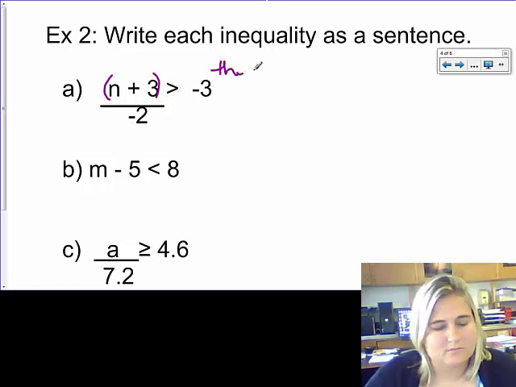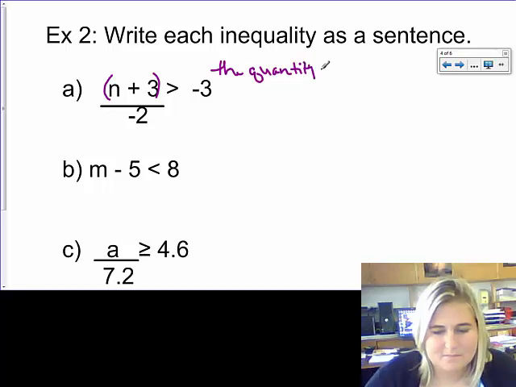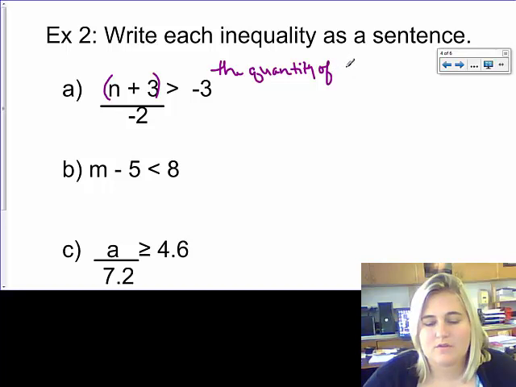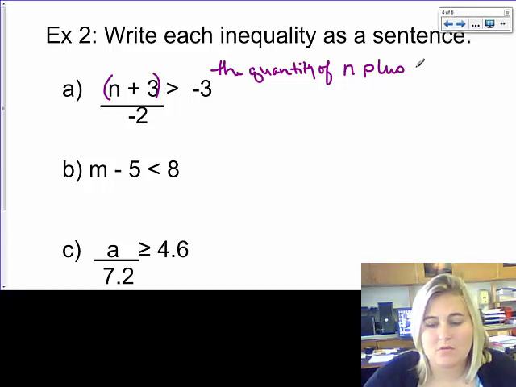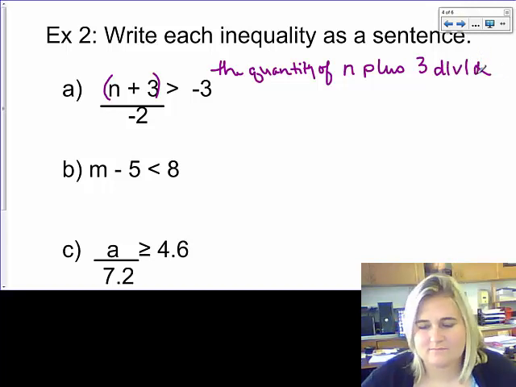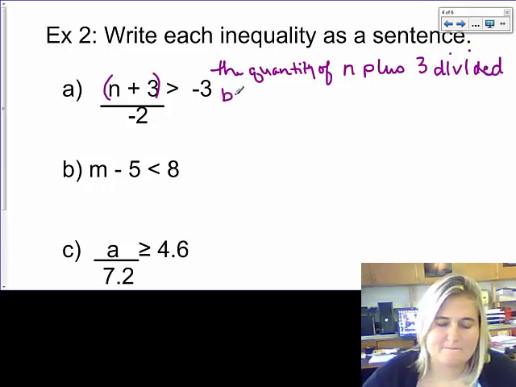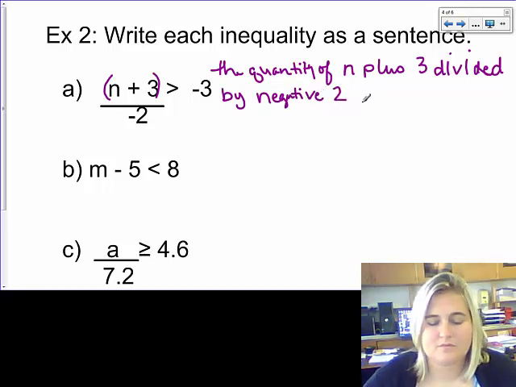If my pen will work. The quantity of n plus 3, or a number plus 3, divided by -2 is, what is it?